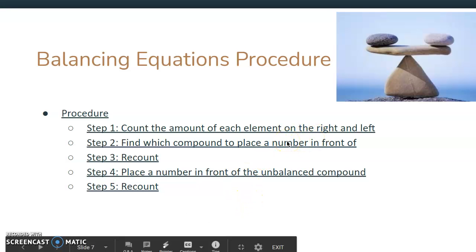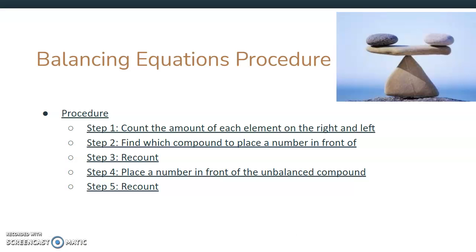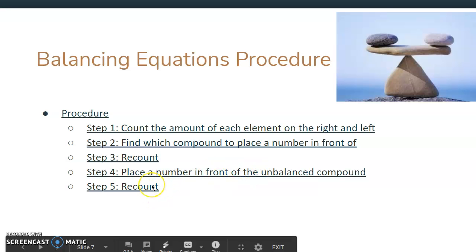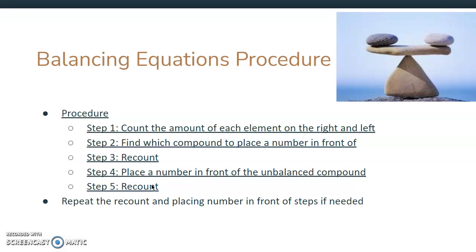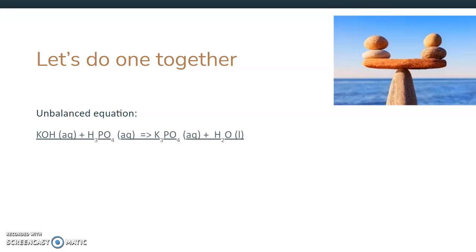So I start looking at, this side has much more or much less oxygen, for example, and I start focusing on there and how I can change that to get it balanced. Once I place a number in front of a compound, I recount just to see how that changed the whole process, and then if I need to, I place another number in front and recount, and I continue steps 4 and 5 until everything is balanced.